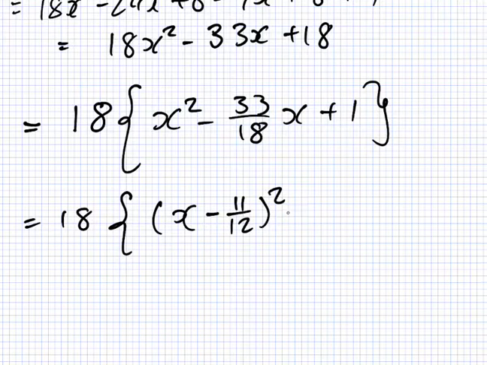And then we have to do 1 minus the square of that, which is 11 over 12 squared, 121 over 144, isn't it? So that would be plus 23 over 144.